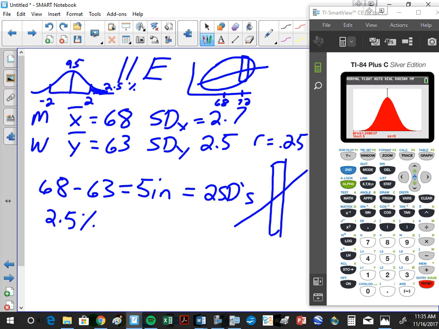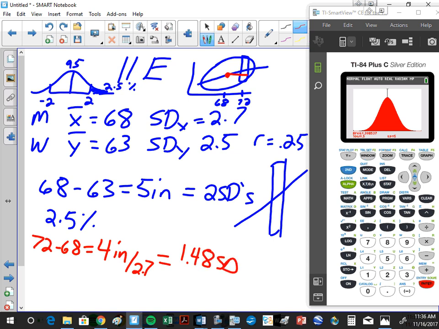Okay? So we need the new average. How far to the right do I go to get to 72? 4 inches. So 72 minus 68 is 4 inches. Divide that by 2.7 and I get 1.48 SDs.